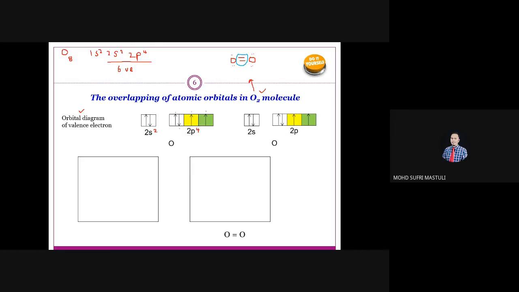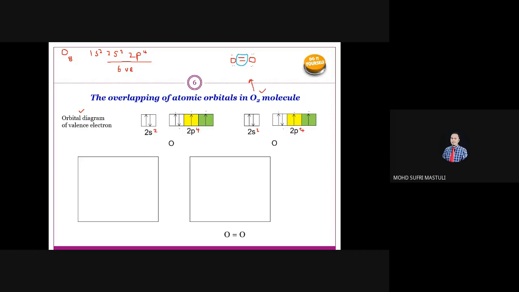Same goes for the other oxygen: 2s2 full and also 2p4, 1, 2, 3, 4. When we are done, we can identify which orbital will overlap with which orbital.